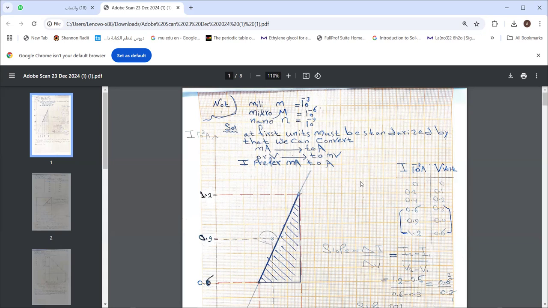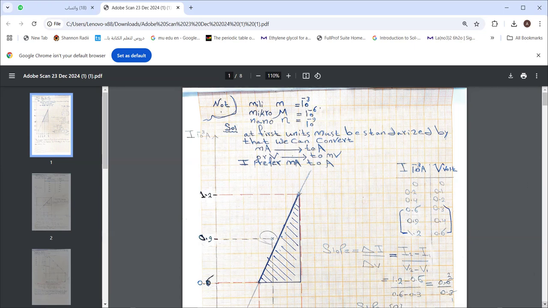That means we don't have a question like calculate or determine the slope, because you must know in which case it's necessary to calculate it. For example, in our diode experiment this week, it's not necessary to calculate the slope. Okay. I wish my message is clear.